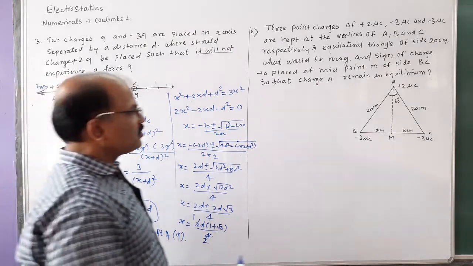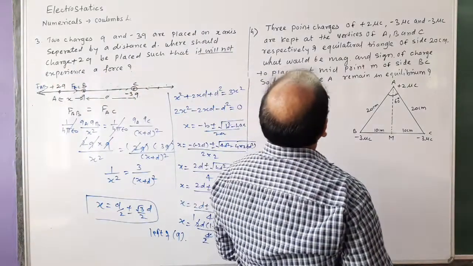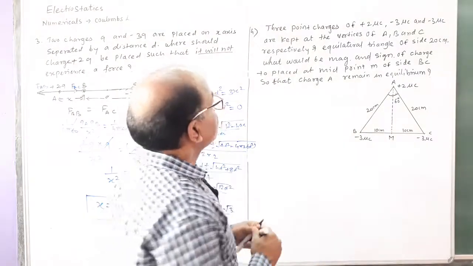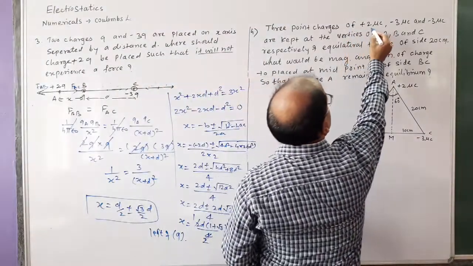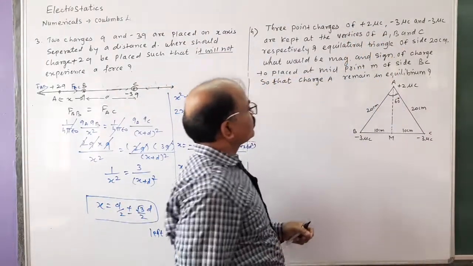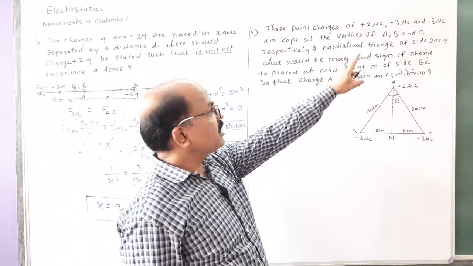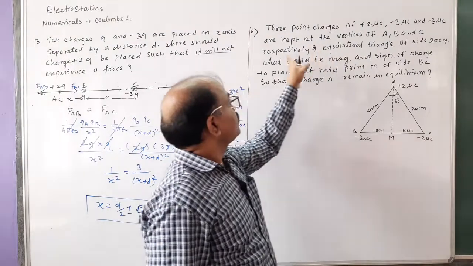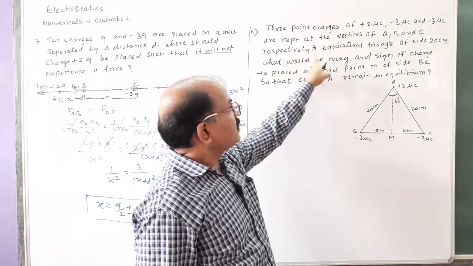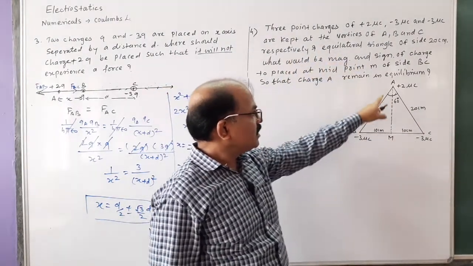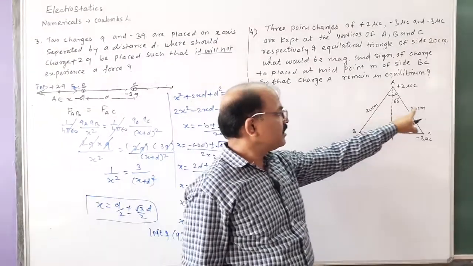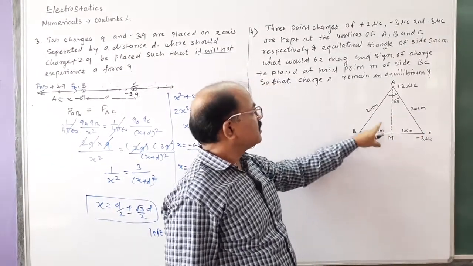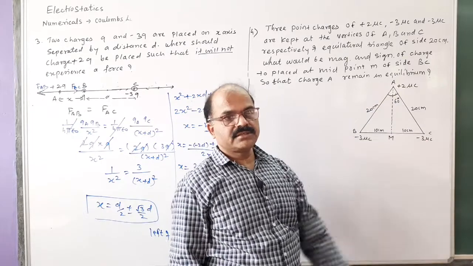Let us see one more question. So 3-point charges of +2 microcoulomb, -3 microcoulomb and -3 microcoulomb are kept at the vertices of the triangle ABC, an equilateral triangle of side 20 centimeter, subtending angle 60 degree.